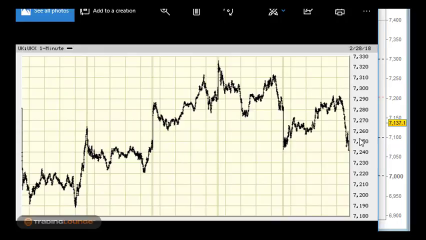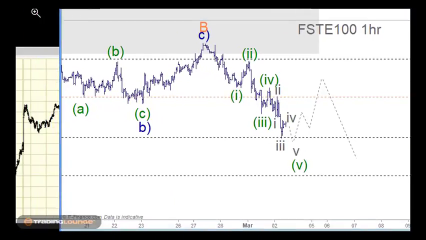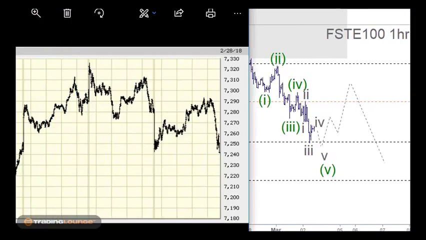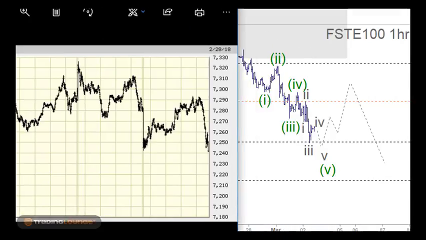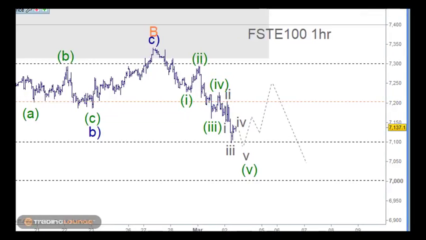It's quite different from this here, isn't it? Normally I look to the cash market for a clearer wave count, but in this case it seems to be coming from this one here, so we'll stay with this one for the time being.